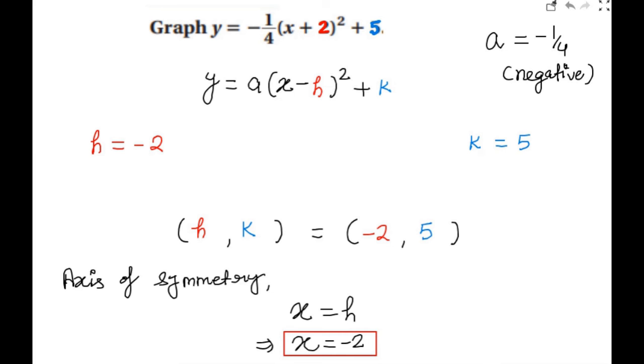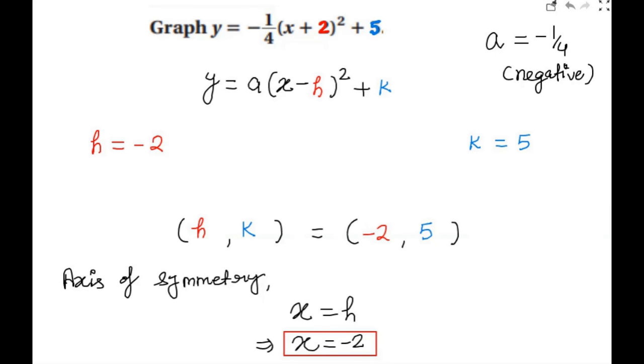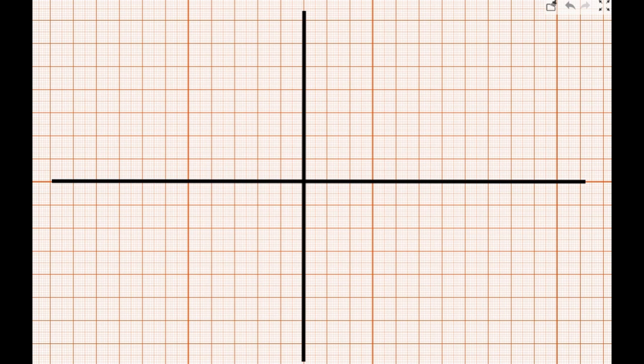Now we are all set. We can now open the graph sheet and plot our graph. So this is the y-axis, and this is my x-axis. And let us plot the points we've got. The first thing we need to plot is the axis of symmetry, which is x equals negative 2. Let us plot it.